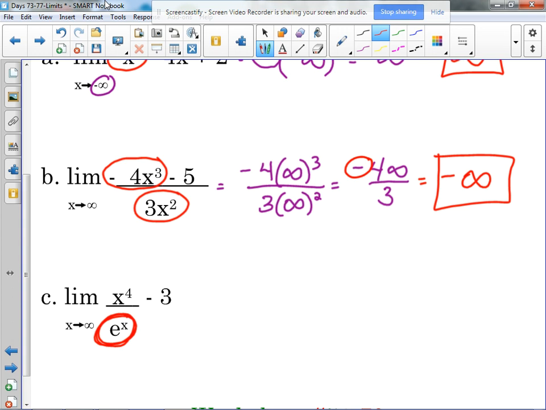So if we're dividing by a really, really big number, what's the result? A small number. If the denominator is really big, 1/8, 1/24, 1/32, those are getting smaller and smaller and smaller, right? So this is essentially headed towards 0. So the only thing we have left here is the negative 3.